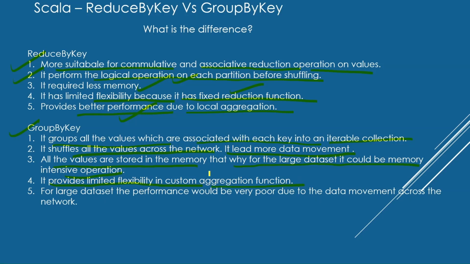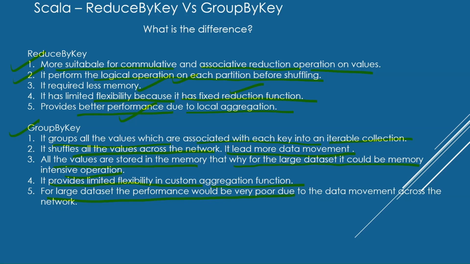Same as reduceByKey, it's also not going to provide more flexibility when we are writing a custom aggregation function. For a large data set, the performance would be very poor. As I told you, for a large data set, the shuffling of the data is going to happen at the very initial stage. The data movement across the network is huge, and the data is stored in memory. That makes groupByKey not an optimized aggregation function.